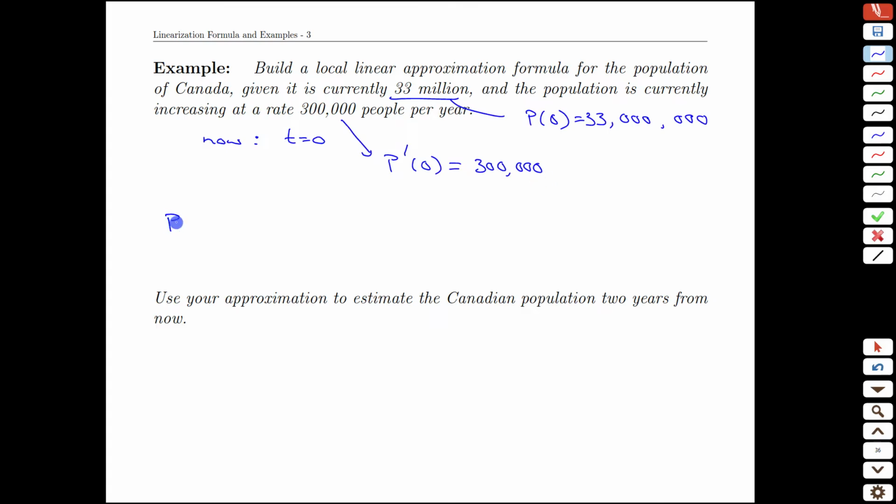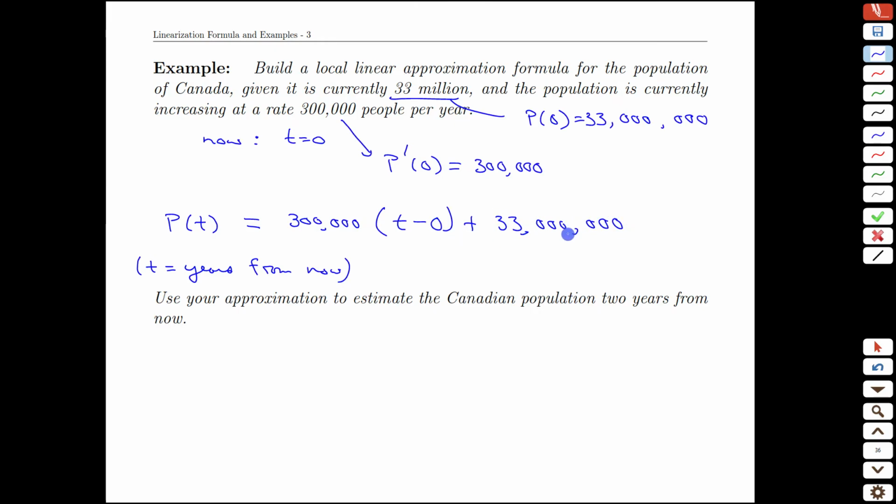And so what we'd get is the population at any time, t years in the future, or years from now, will be equal to, well, we're gaining 300,000 based on how many years away from today. That's going to be our change in population, but we start currently at 33 million.